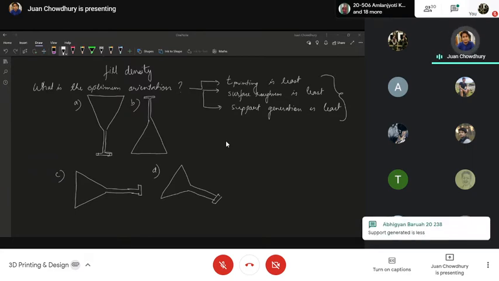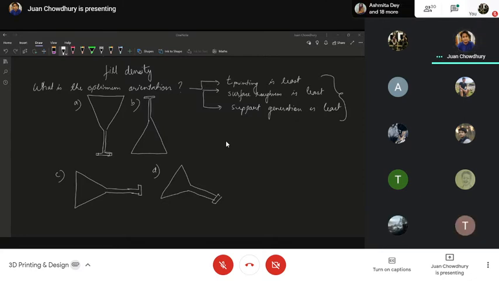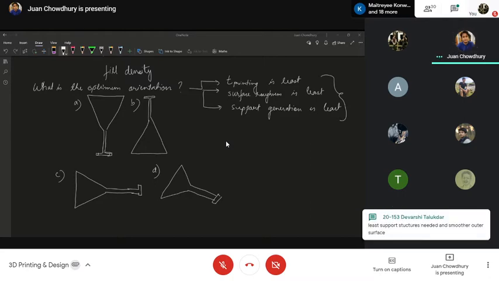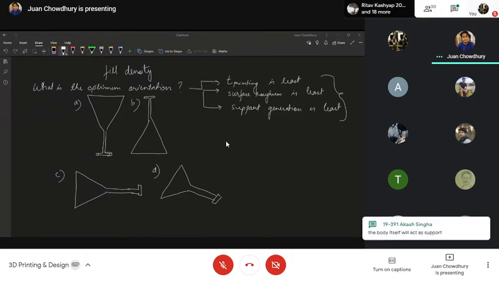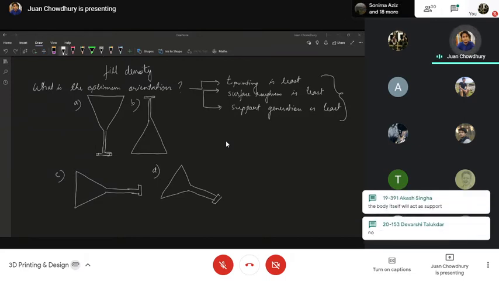One or two answers and then I can go on explaining. Support generated is less, all right? Another answer, anybody? One says that the support generated is less. What about time taken? Will time taken be the same in both cases?